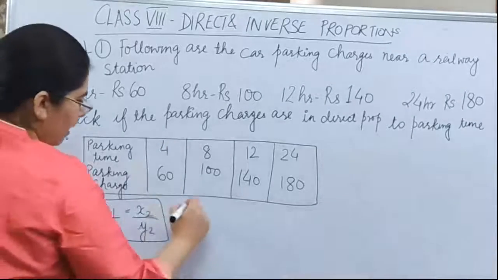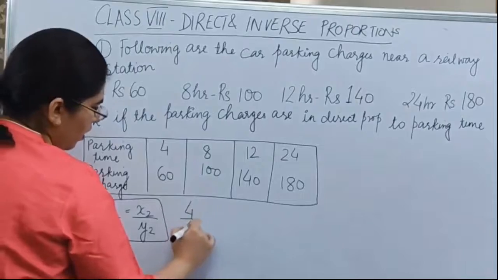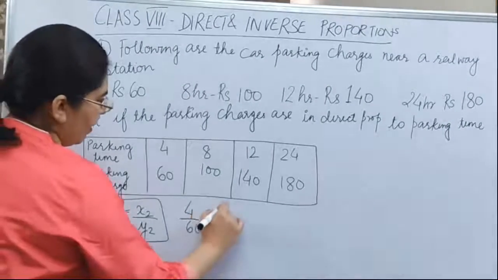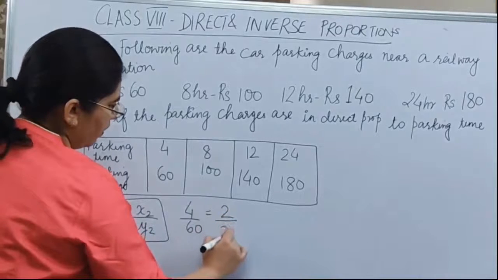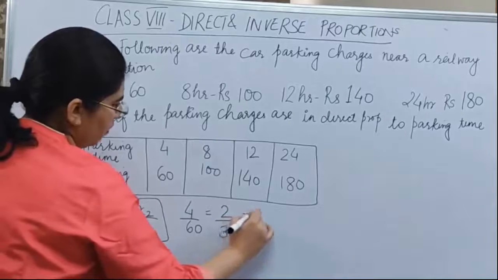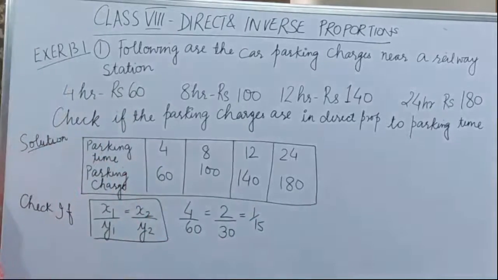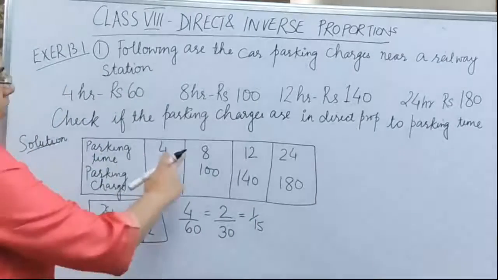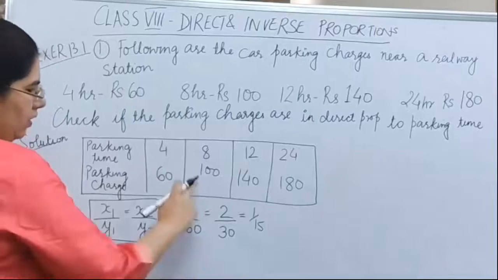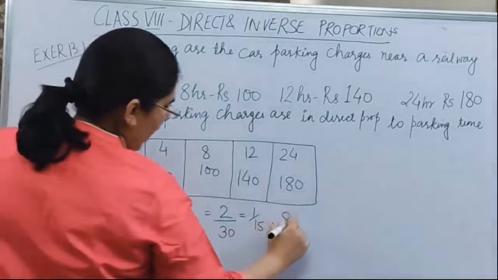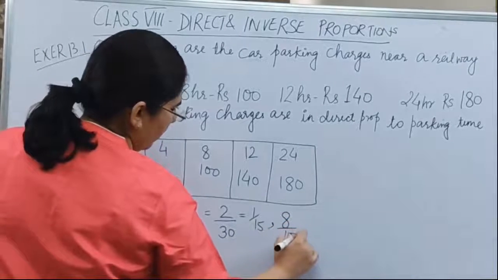So, let us take this first ratio and try to simplify it. This will be 2 upon 30, further simplified as 1 upon 15. Then we take the second ratio. Second ratio is 8 upon 100.